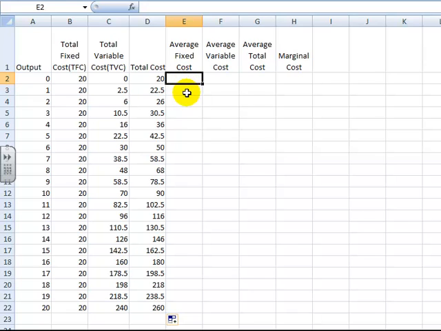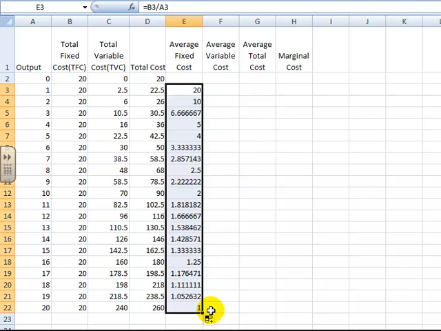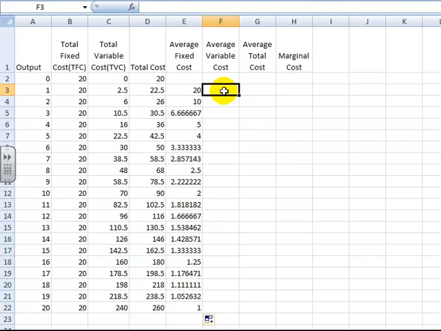Then average fixed cost. Remember, we started from this cell because 0 cannot be the denominator. So average fixed cost equal to the total fixed cost divided by output. You can see the average fixed cost getting smaller and smaller.